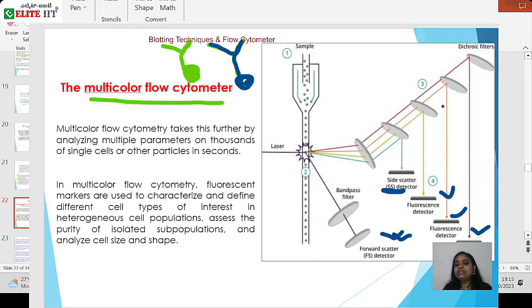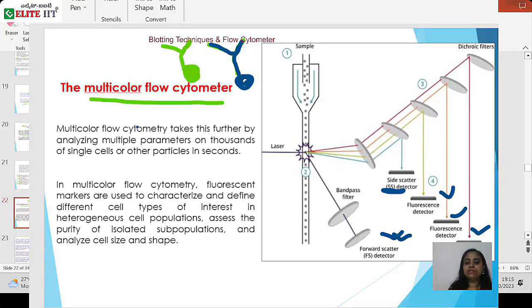If three fluorescent compounds you have added, in that case you can get three results from the fluorescent detectors. If two fluorescent compounds are present, then you will get two peaks. In this way, everything is the same, but in this case you are adding multiple fluorescent markers. That is the thing.